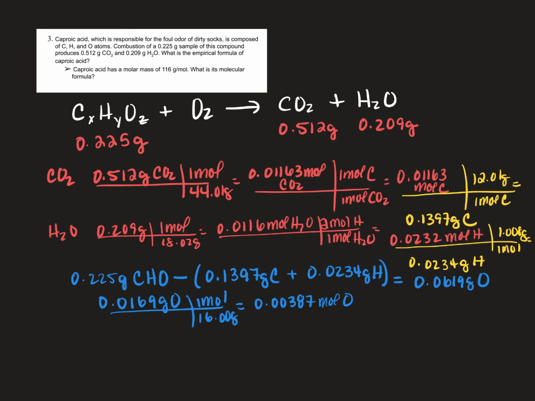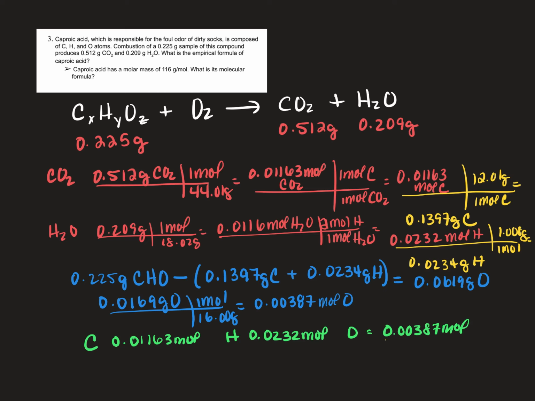So for carbon, we had 0.01163 moles. For hydrogen, we had 0.0232 moles. And for oxygen, we had 0.00387 moles.